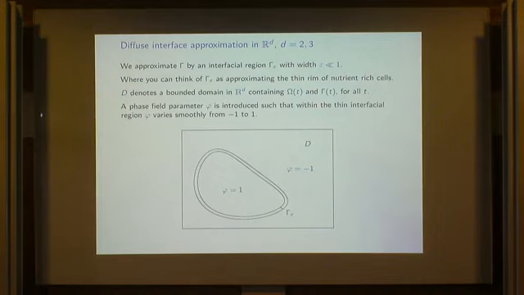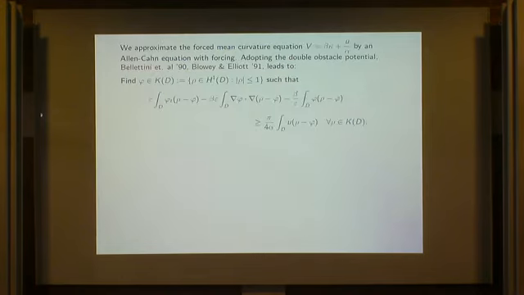Whereas if you use the double obstacle potential, you explicitly get phi is -1, phi is +1, and you get this sharp formulation of where gamma epsilon starts and ends. We'll see that that's useful when it comes to our coupling on the next page.